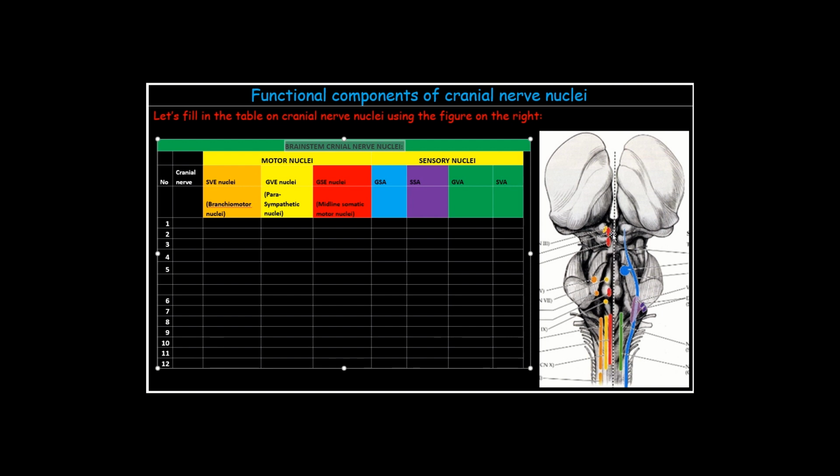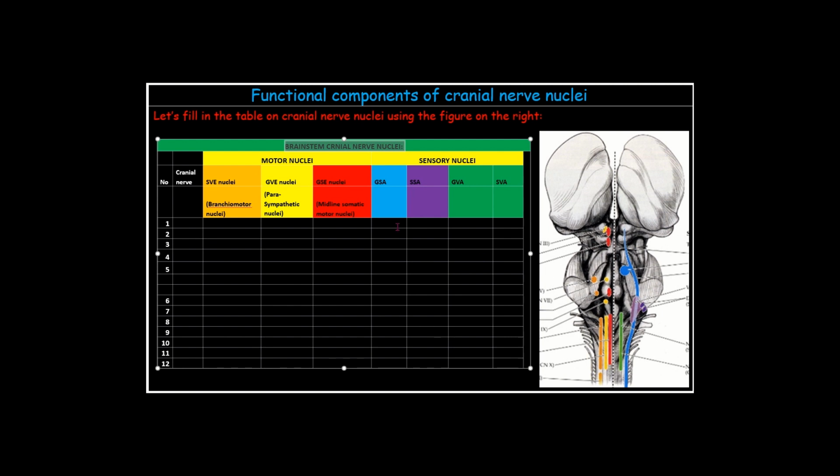We're going to plot the general somatic efferent motor column over here. We're going to plot the autonomic general visceral efferent column over here, and we're going to plot the special visceral efferent motor column over here. Then similarly for the sensory half of the table, that has been split into 4 different columns as well.